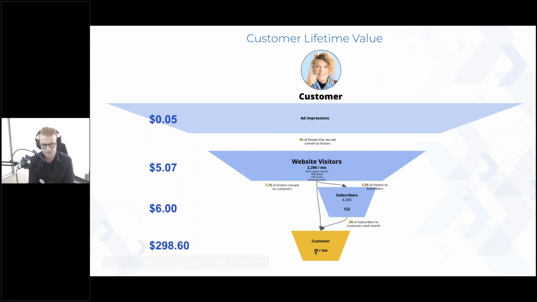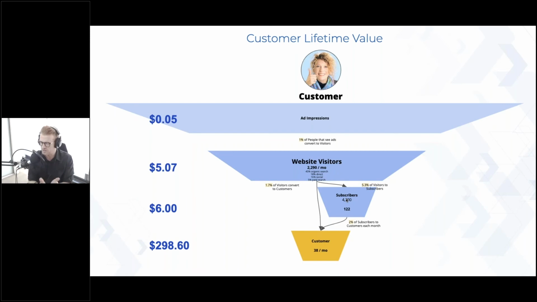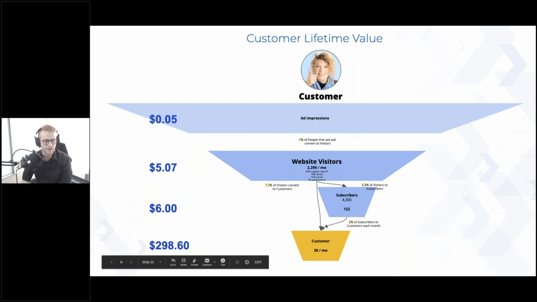Each of those customers is worth $300 revenue to him, remember? And that's half of those people are free. So that's really interesting, and that he's got this kind of relationship between his website and his customers. What he doesn't have is he's not converting his subscribers into customers. So that's kind of a missed opportunity.